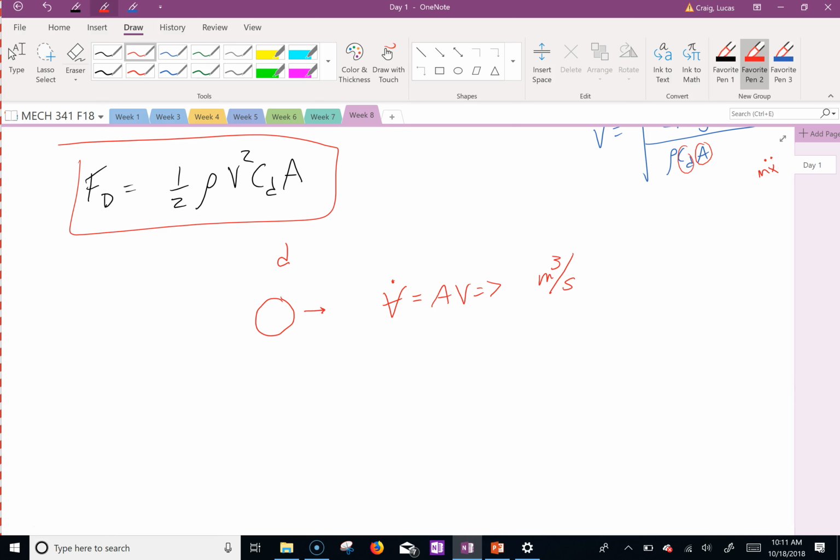It's got to move that much volume out, right? Does that make sense?